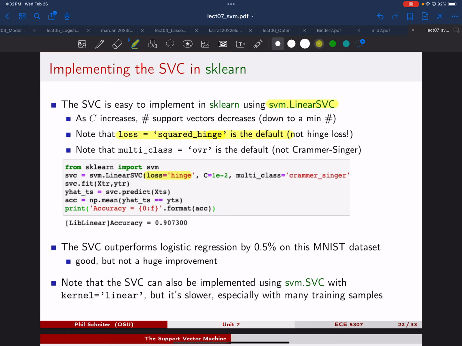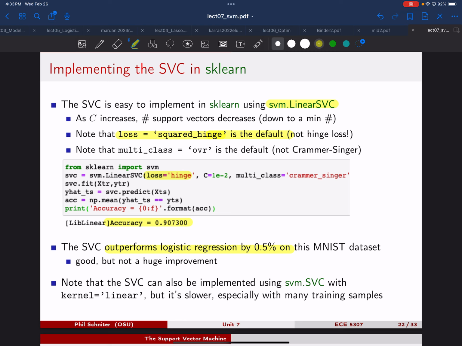So the final result of all this, going back to our data set MNIST, recognizing these handwritten digits, is the accuracy is now 90.7, which is 0.5% better than logistic regression. So, what do you say? After all this effort, is that a little underwhelming?